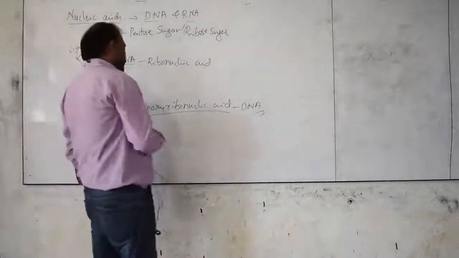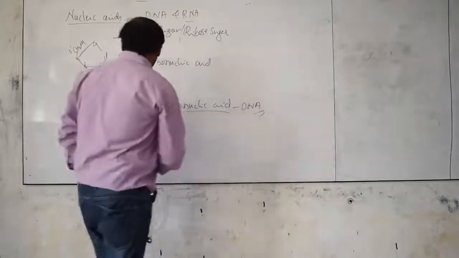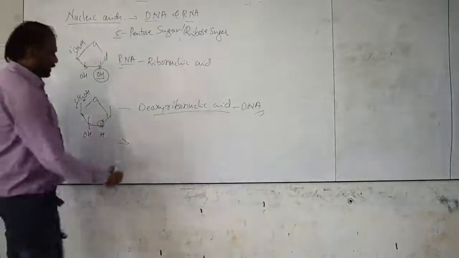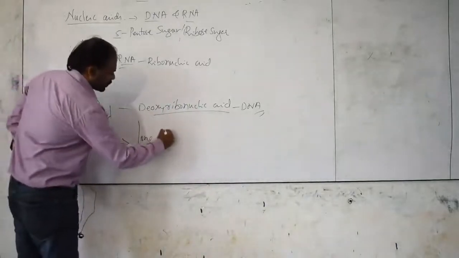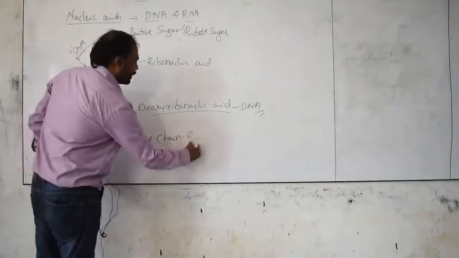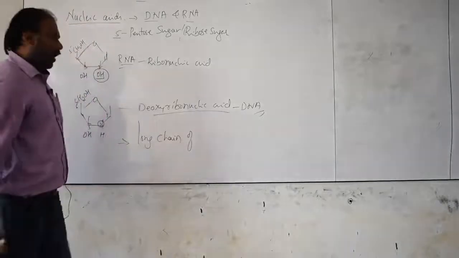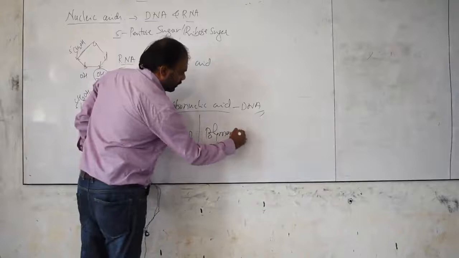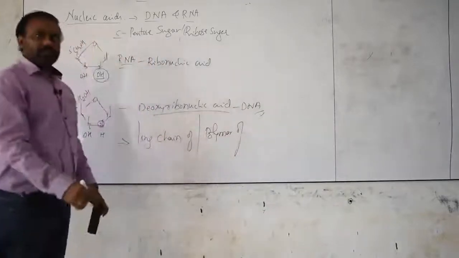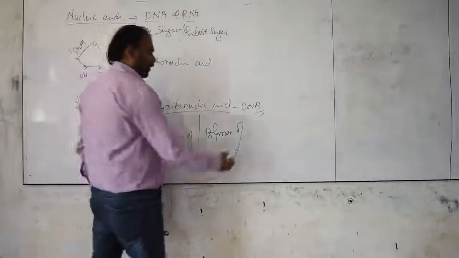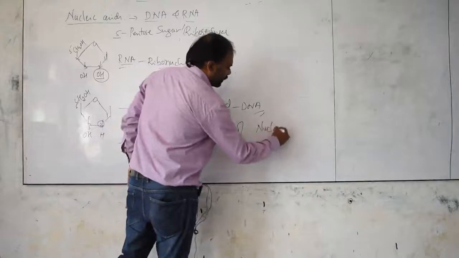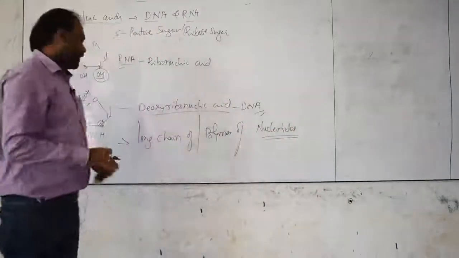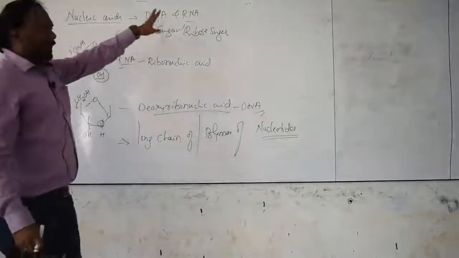This is one thing. And the next thing is, when you take nucleic acids, these are long chains or polymers of nucleotides. Clear? See what is meant by DNA and RNA?